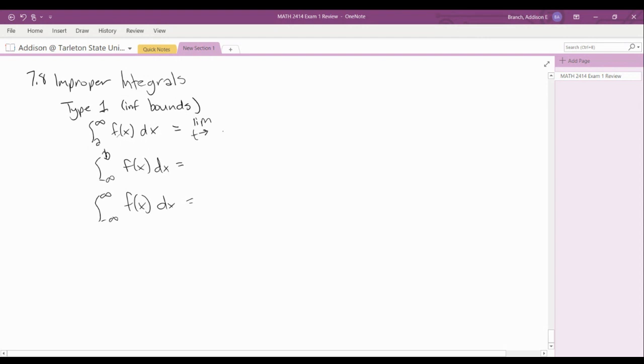So for the first one, we can take the limit as t approaches infinity and go from a to t. Similarly, if we're going to negative infinity, we can do the same thing and take the limit as we approach negative infinity.